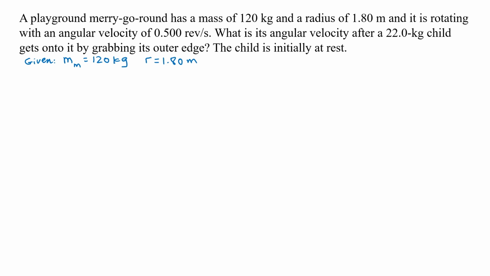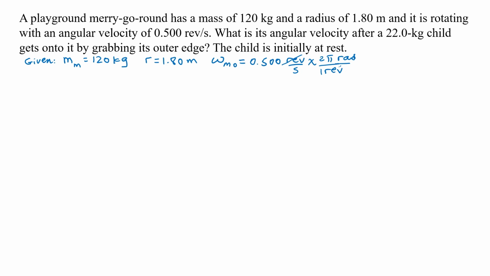And it's rotating with angular velocity of, so merry-go-round's angular velocity initially is 0.500 revolution per second. And we need this in radian per second, therefore we have to divide by 1 revolution and multiply by 1 revolution equivalent radians, which is 2 pi radians.